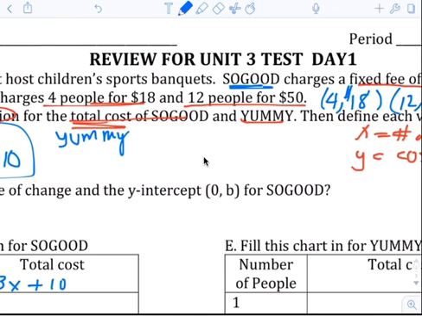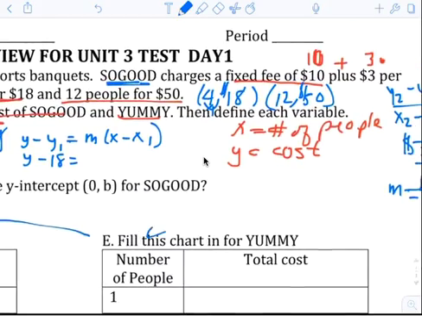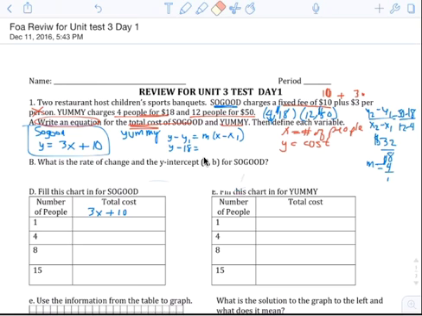So then you need to go y minus y1 equals m times parentheses x minus x1. See if they charge any fee. y minus y1, which is 18, equals m, and m is 4, the rate of change we found, times x minus x1, which is 4.